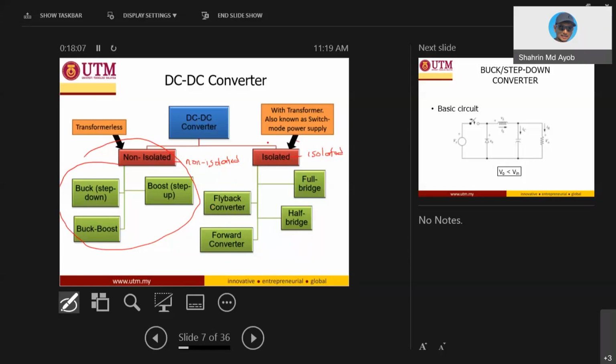But right now we want to differentiate the master level and undergraduate level, because for master students, by taught course, we are also offering the same subject, power electronic system, with the same content. So to differentiate between the master level and undergraduate level, we take out this content from the undergraduates. We only concentrate on buck converters, boost, and buck-boost.